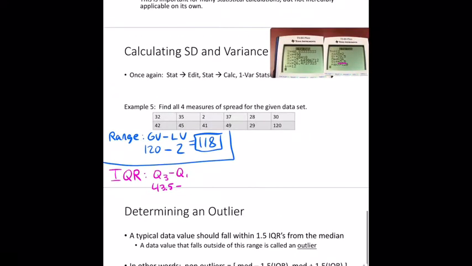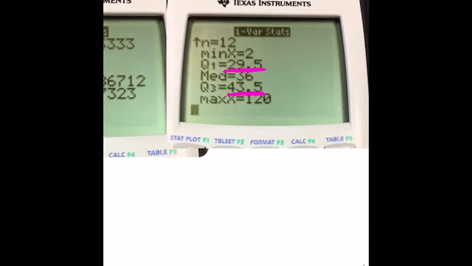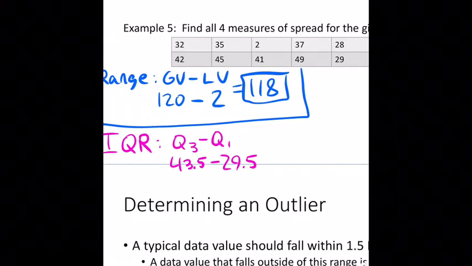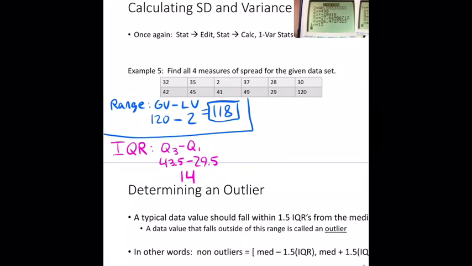And my Q1, according to this, is 29.5. And if I subtract those, 43.5 minus 29.5, I get an answer of 14. So my IQR is 14. We'll talk about IQR, we need to just be able to state it, obviously, but there's also an application we're going to see in just a moment about how you can use this to find an outlier.